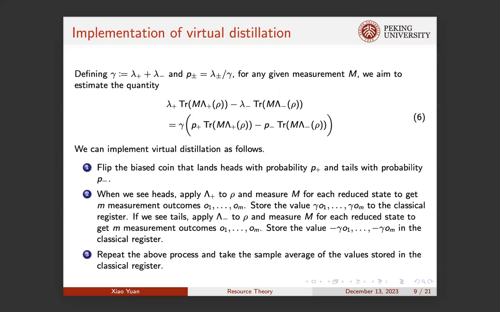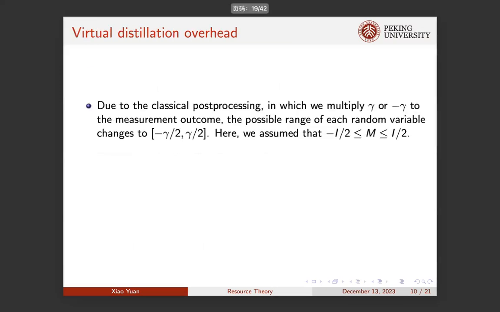When we get measurement outcomes, we multiply by gamma, and for this part the sign is positive, for this part the sign is negative, and then we just average them. In this way, we can effectively obtain the linear combination of operations in experiments.